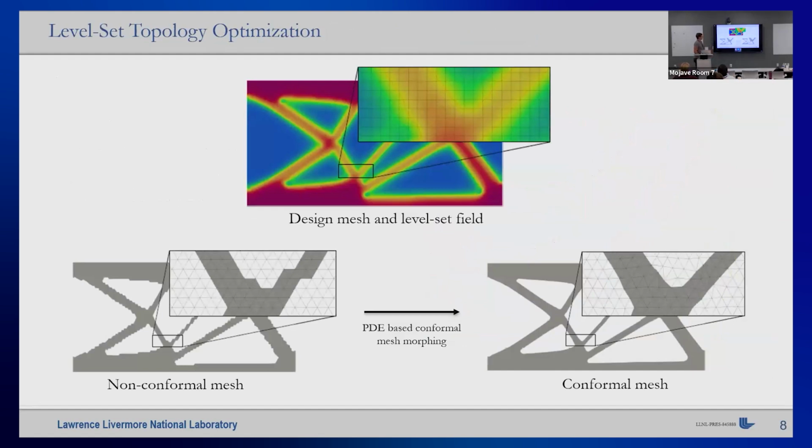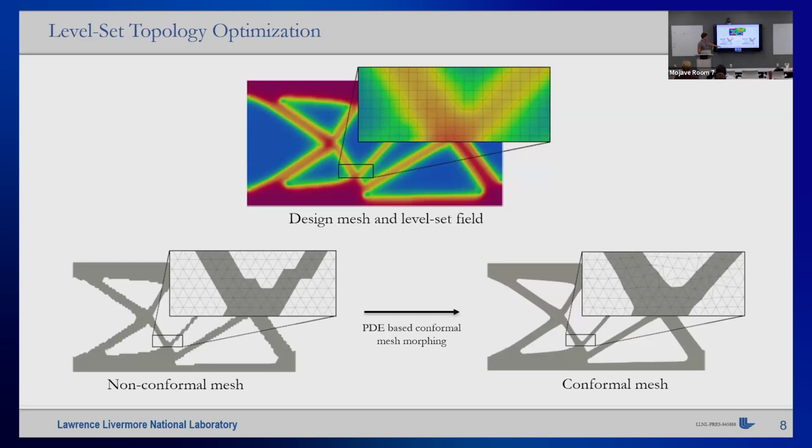So this here is basically an overview of the big picture of this topology optimization approach. At the top here, we have the level set field defined over the design mesh. And you can already see this design mesh is in this case a simple tensor grid. Nothing special. This mesh stays constant throughout the optimization process. So the number of optimization variables stays constant, and we basically update the level set field here.